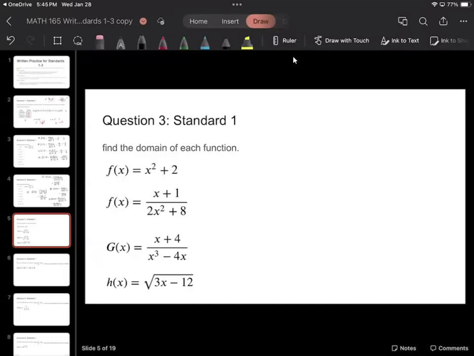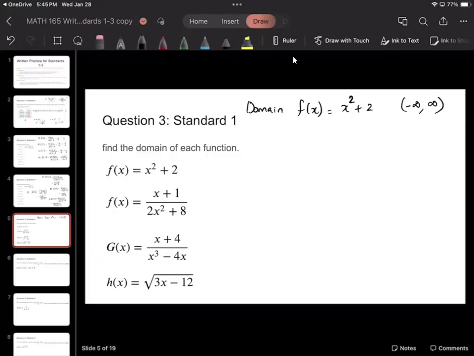So my domain for f of x equals x squared plus 2 is all real numbers. We are going to write our domain in interval notation, so here I'm going to say that all values from negative infinity to positive infinity are allowed.